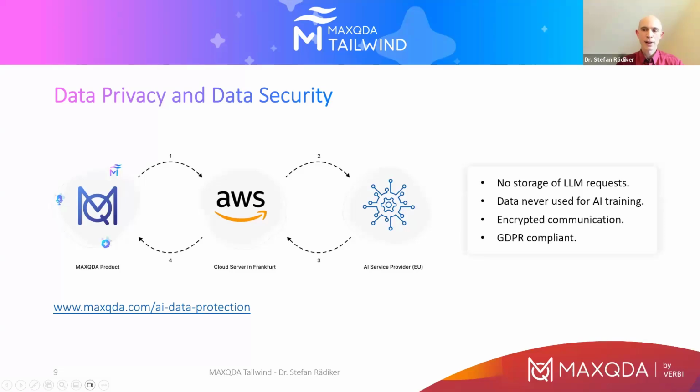The important thing is that the LLM never stores any of those requests. It never uses anything for AI training. The complete communication is encrypted, so overall the complete process is compliant with GDPR, which is the general data privacy regulation in Europe.